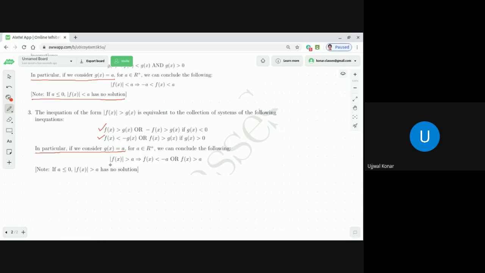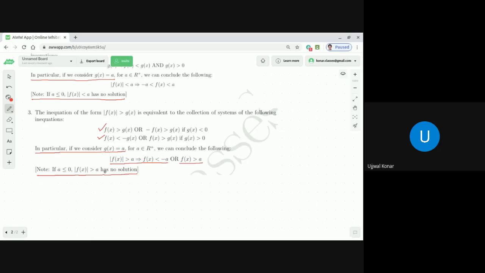What we can conclude: |f(x)| greater than a implies that either f(x) is less than minus a or f(x) is greater than a. If you recall, dear students, that's what we did. And if a is less than or equal to 0, then |f(x)| greater than a has no solutions.